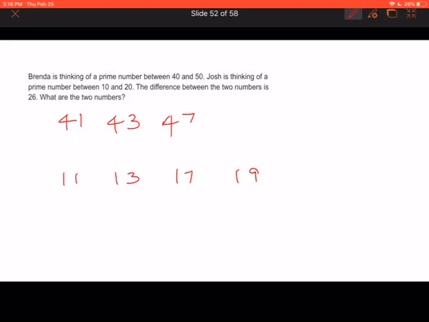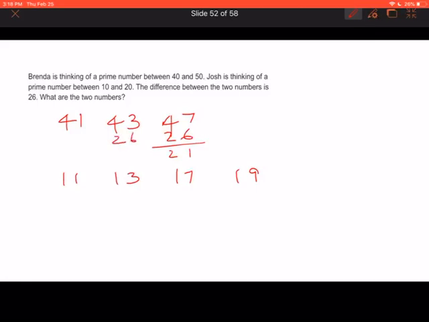The difference between the two numbers is 26. What are the two numbers? Okay, let's see. 47 minus 26 is 21. We don't have any 21 among the numbers.